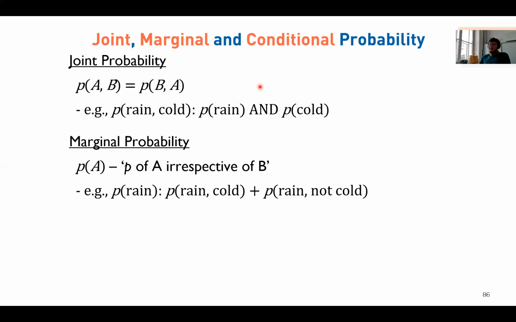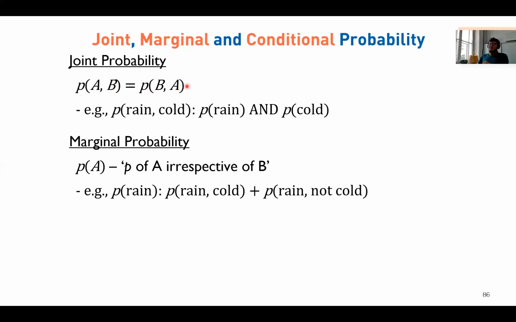The probability of both events happening is called the joint probability, because the 2 events jointly happen together. The order doesn't matter here: the probability of A together with B is the same as the probability of B together with A.